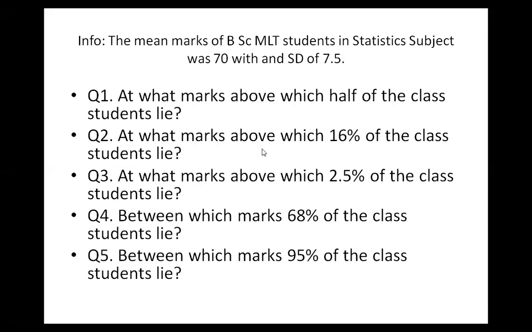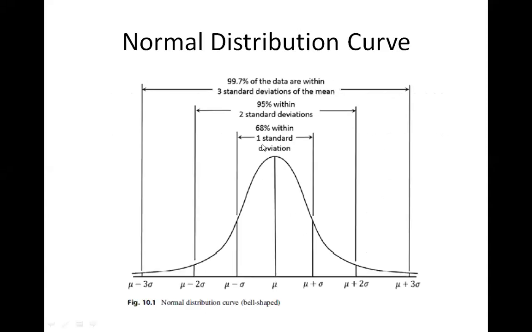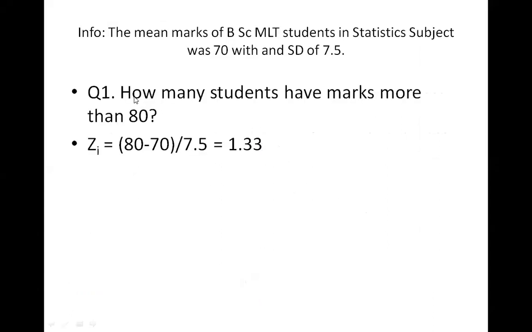So, the other type of similar numericals. The data is the same. The question is, how many students have marks more than 80? This cannot be done directly by knowing the limits of one standard deviation and two standard deviations. For this, you need to calculate the Z score.